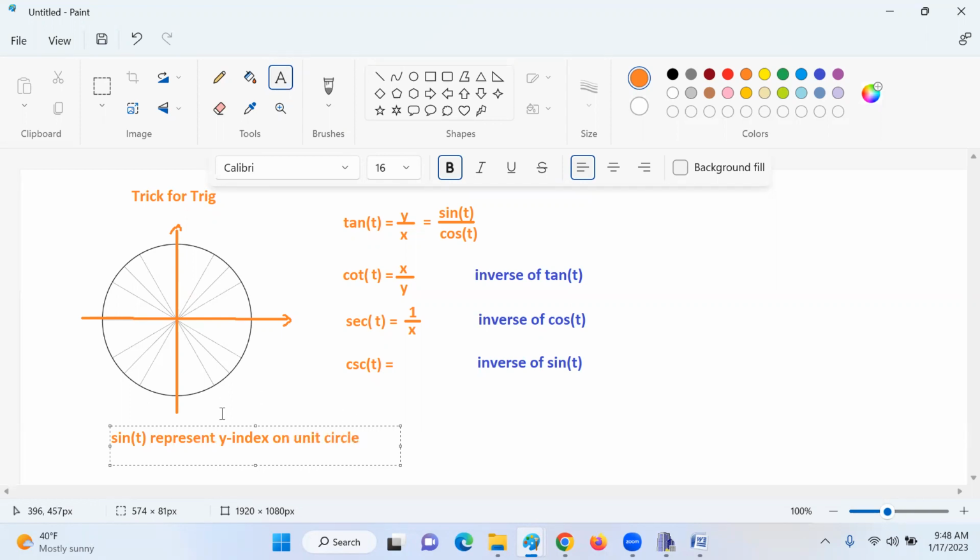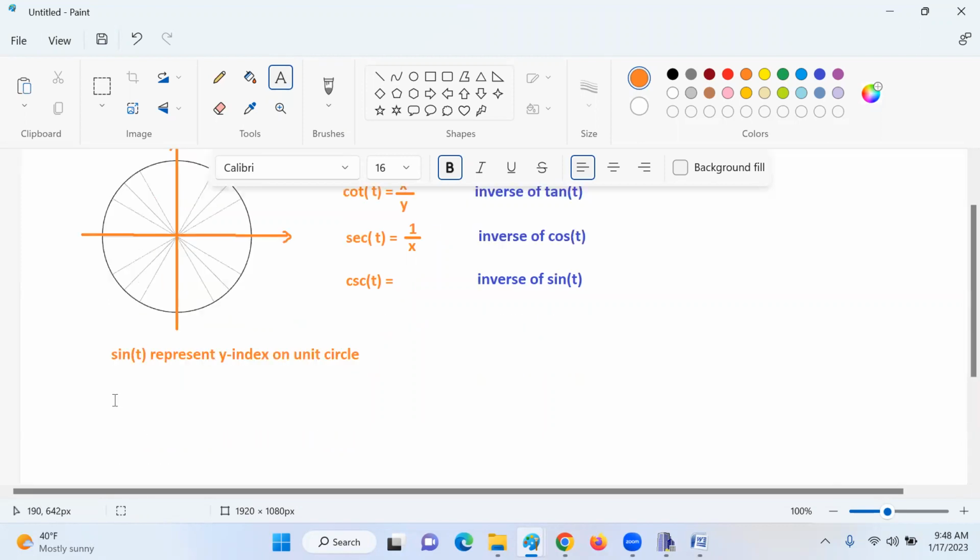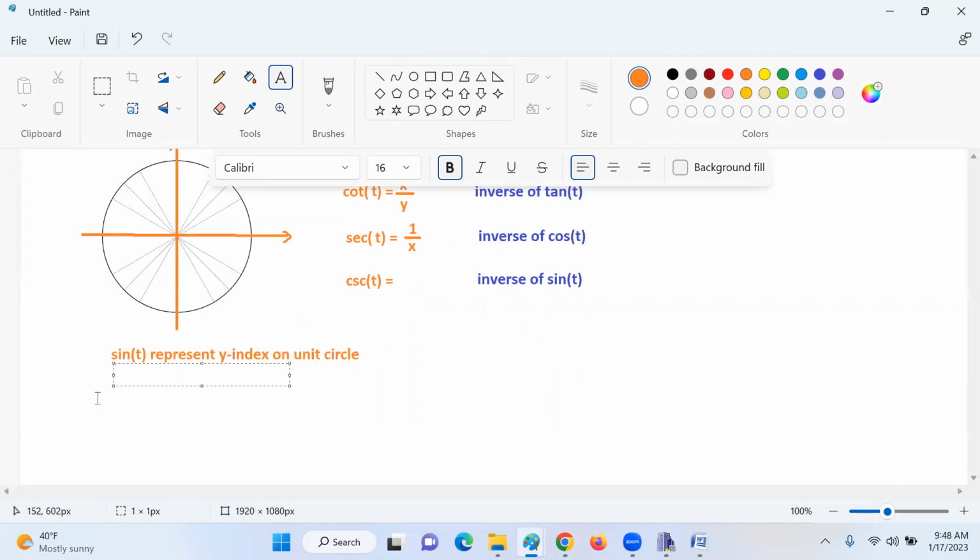You think of it that way so you don't make any mistakes. And then the cosine represents the x-index on the unit circle.